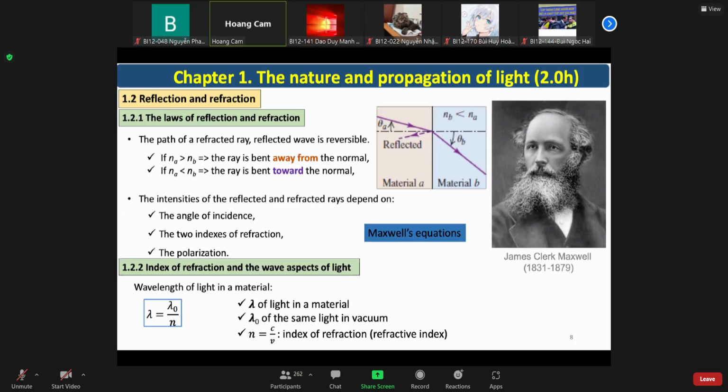Okay. Yes, we also have another definition from one student. He mentioned that the wavelength is the distance between the two nearest points. So first is the distance.